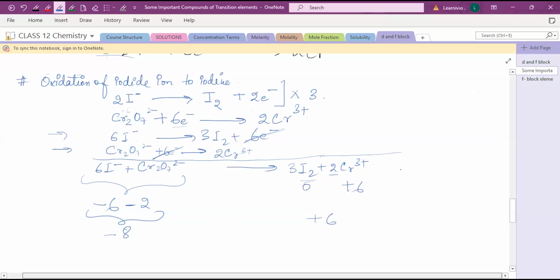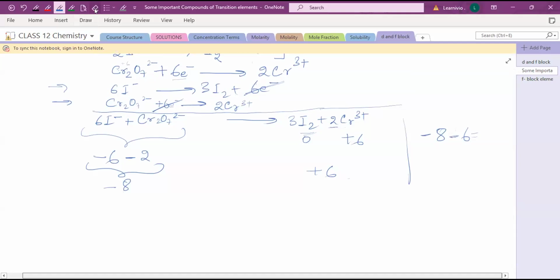Combined, minus 8 and plus 6, the difference is 14.